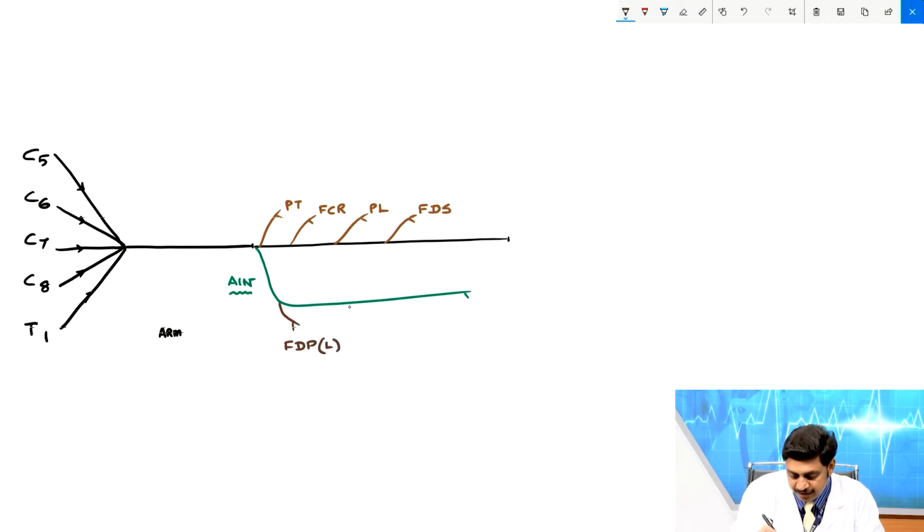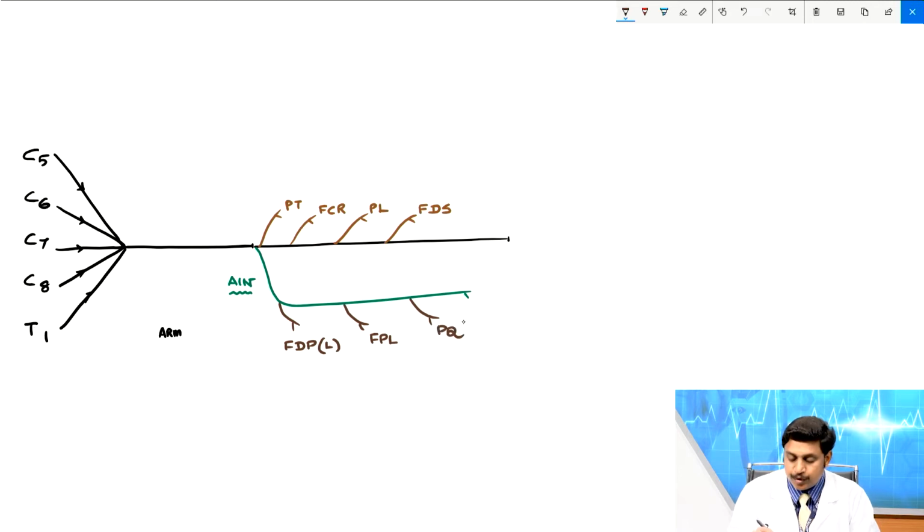Lateral half, then flexor pollicis longus and pronator quadratus. So, it supplies flexor digitorum profundus lateral half, flexor pollicis longus, pronator quadratus, that is 2.5 muscles. Deep muscles are supplied by which nerve? Anterior interosseous nerve. Most of the superficial muscles except flexor carpi ulnaris are supplied by median nerve.